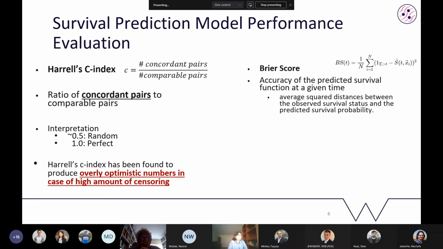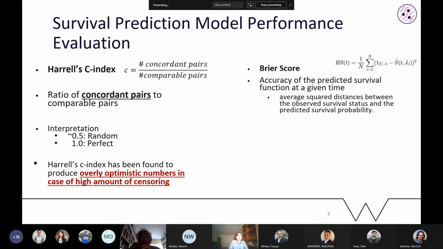Now, the problem with concordance indices is that they quantify how good your model is at ranking. But if you're interested in finding the difference between the predicted and the actual survivals, something you could use to quantify accuracy, you might want to use something called the Brier score.